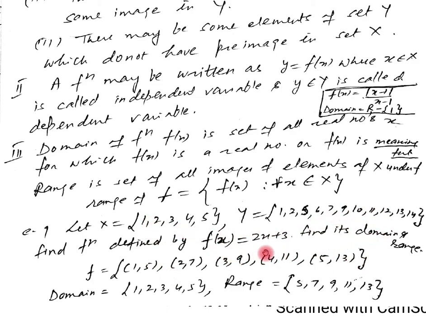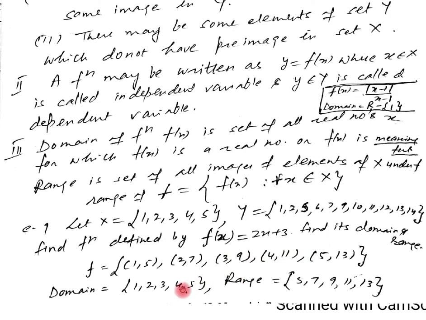So therefore the function can be defined. The domain of the function is the set X itself. And the range of the function is the set of f images, or the values of the dependent variable. Therefore the range of the function is the set having elements 5, 7, 9, 11 and 13, whereas the codomain of the function is Y itself.